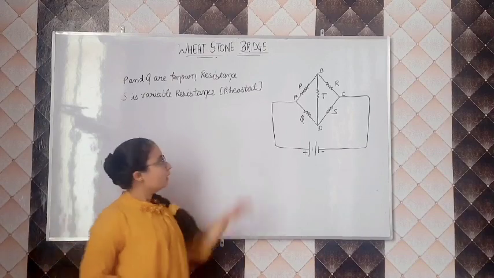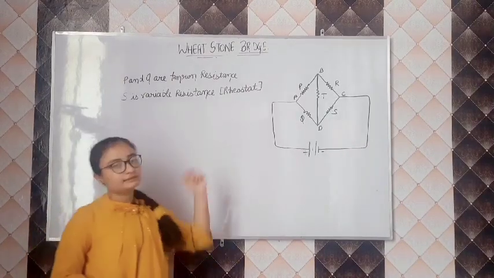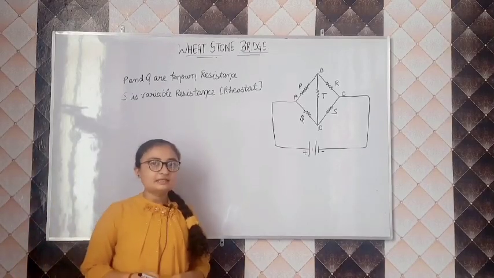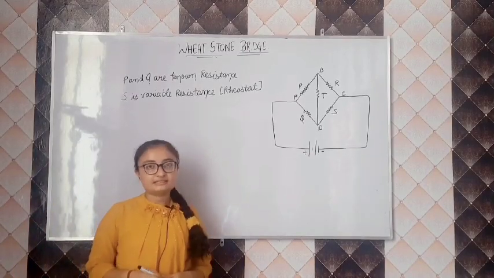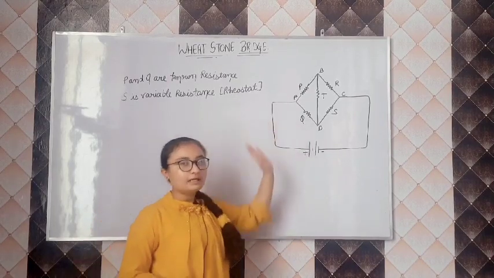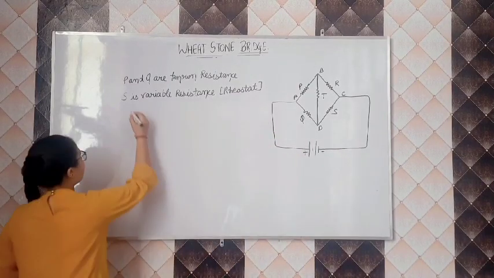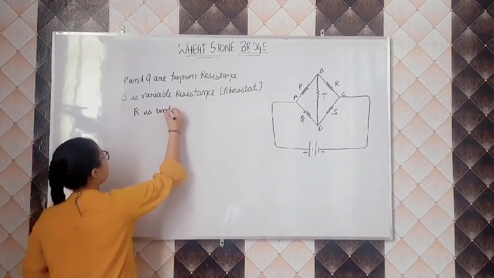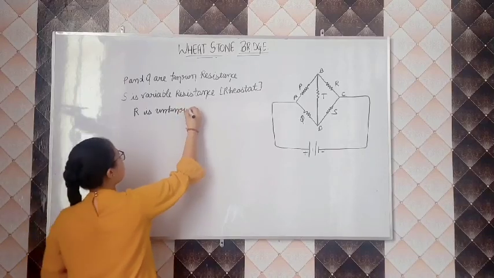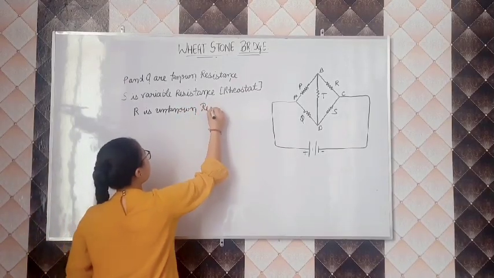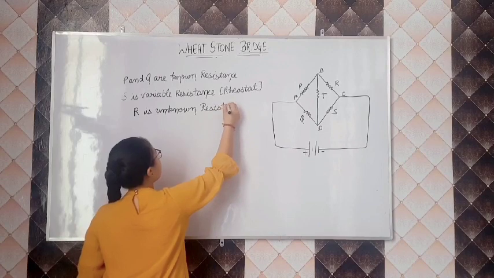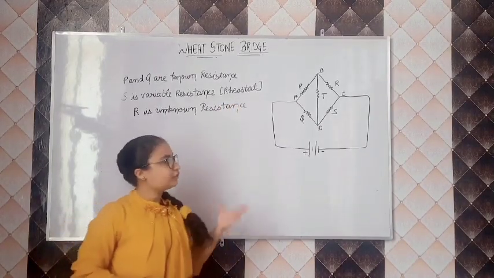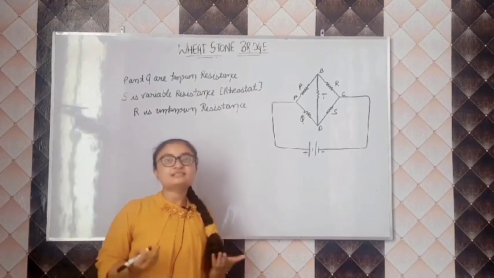Now, the known resistances are P and Q, S is the variable resistance, and the question arises: what is the unknown resistance? Here R will be the unknown resistance. Wheatstone Bridge is used to find an unknown resistance only.